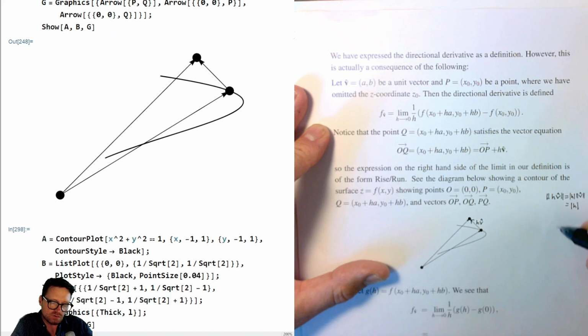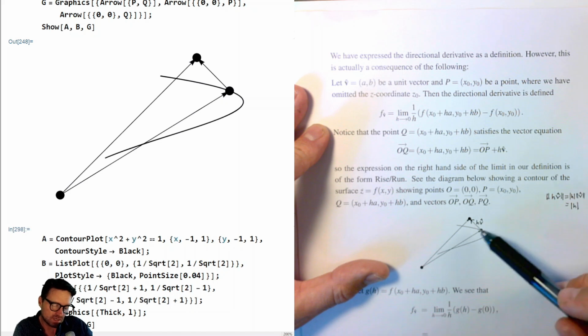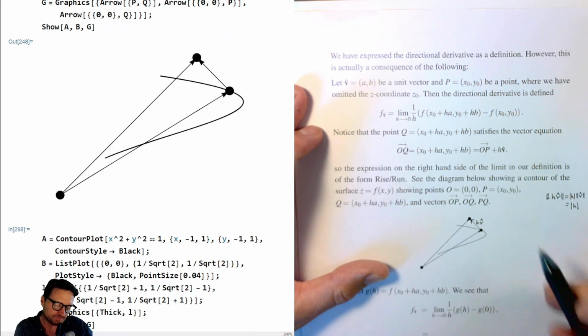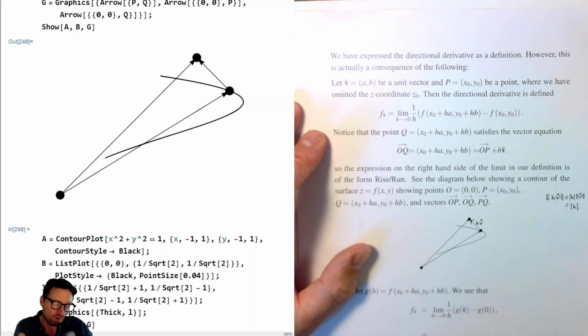As h gets small, this gets small, and hence the length of this vector gets small. All right, so let's talk about f. Where is f in this diagram?